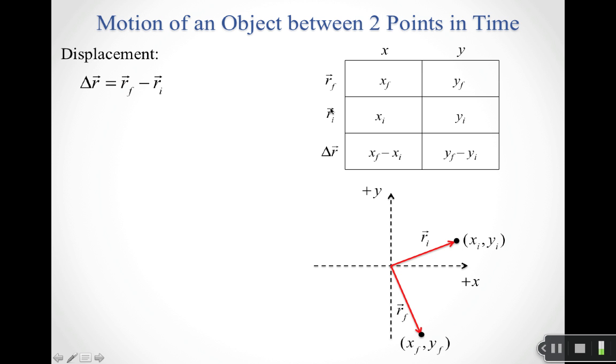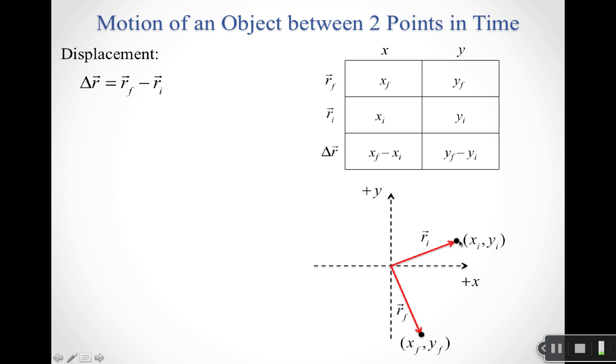We break up our final vector into its x and y components, break up the initial vector into its x and y components, then just do final minus initial to get the x component of the displacement, and final minus initial to get the y component of the displacement.